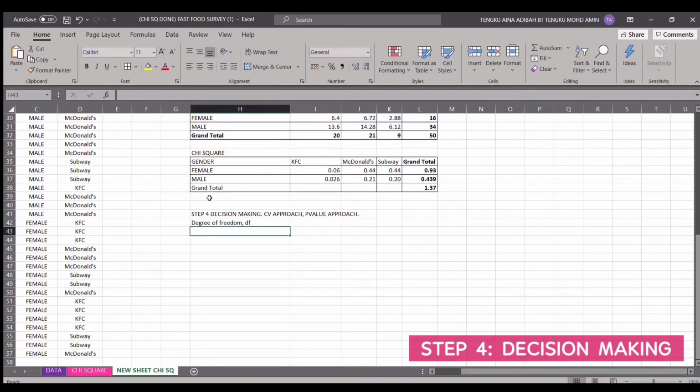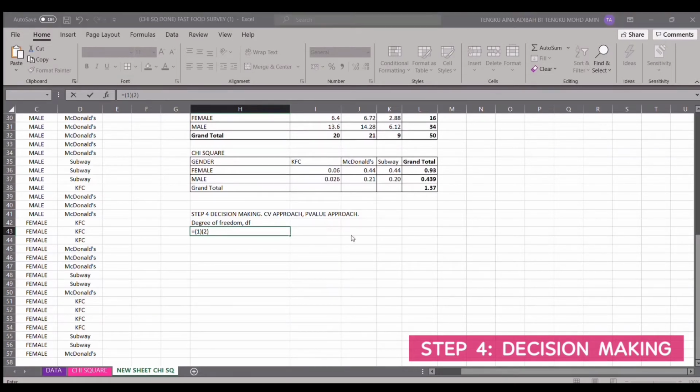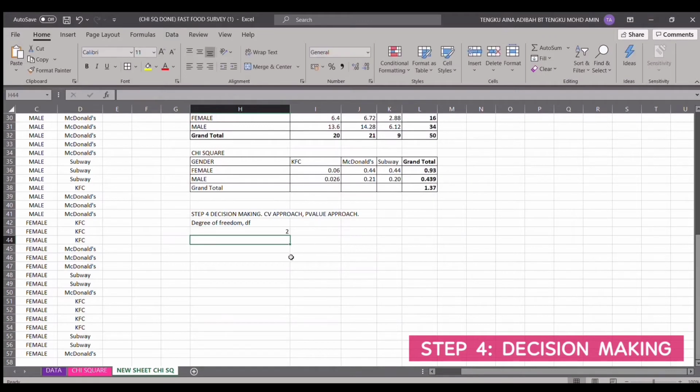So these 2 minus 1 equals 1, and then multiply by C minus 1. We have 3 columns. C stands for columns, so 3 columns minus 1, we get 2. The answer is 2. So the degree of freedom is 2.